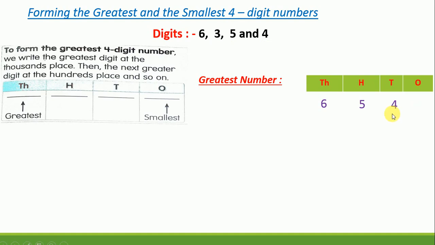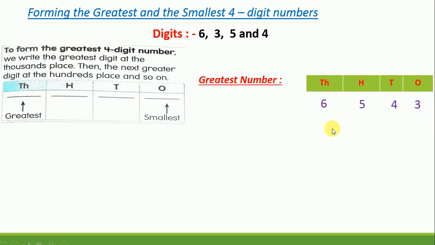Yes, 4. So the 4 should be placed in the tens place. So at last we have the digit 3. That 3 should be placed in the ones place. So the greatest number which we found here is 6543. Here when we made the greatest number, we did not repeat any of the digits, isn't it?